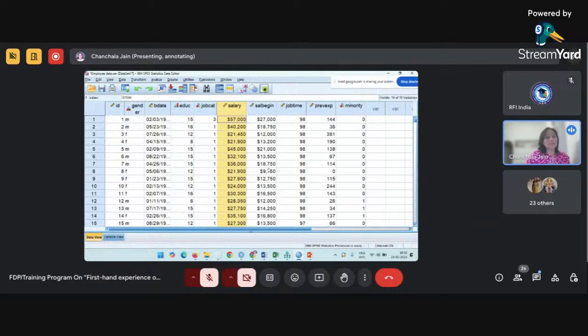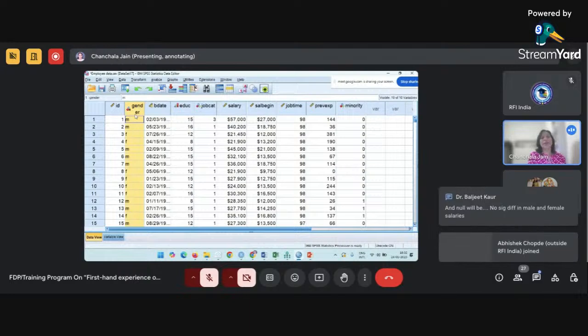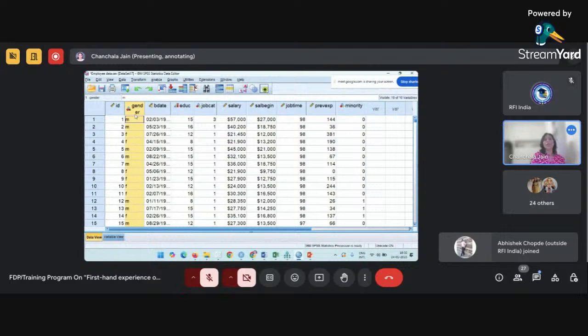So we can say there is no significant difference in mean salary of male and female employees. This will be our null hypothesis. Now, as I discussed the assumptions, we will go one by one. If I want to compare the salary as per the gender, the first two assumptions are talking about the variables. The first assumption was we need one categorical variable, the independent variable, with two groups or levels. Gender is a categorical variable with two groups, male and female.